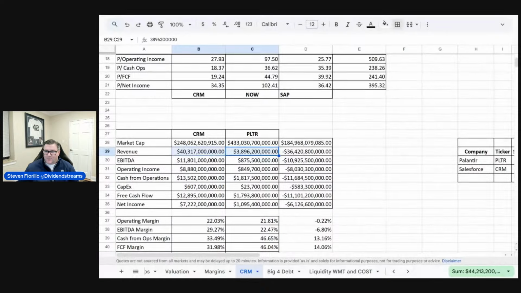So, yeah, look, Palantir's got a lot of growth. And if I build out a forward growth model on their revenue based on what I think it's going to be, because I think it's going to be more. And look, I'm going to show you a few things with Palantir. Okay. I love this company. Palantir is one of the greatest companies in existence.